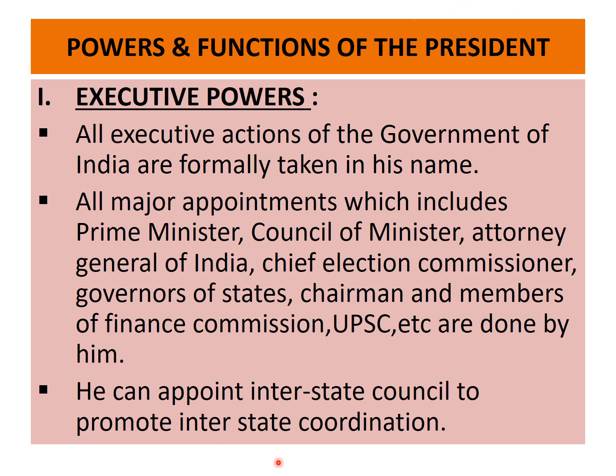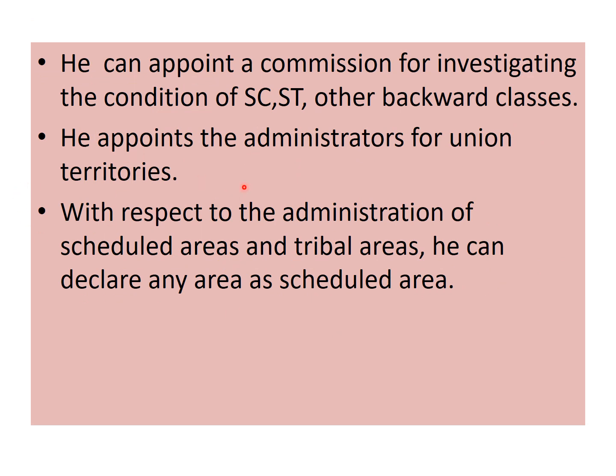And in case of interstate coordination, for example, we know that during the water crisis there have been several attempts to coordinate between the states, so he can appoint interstate councils to ensure cooperation amongst the states. He can also appoint a commission to oversee whether the condition of SC, ST and other backward classes is proper or not.